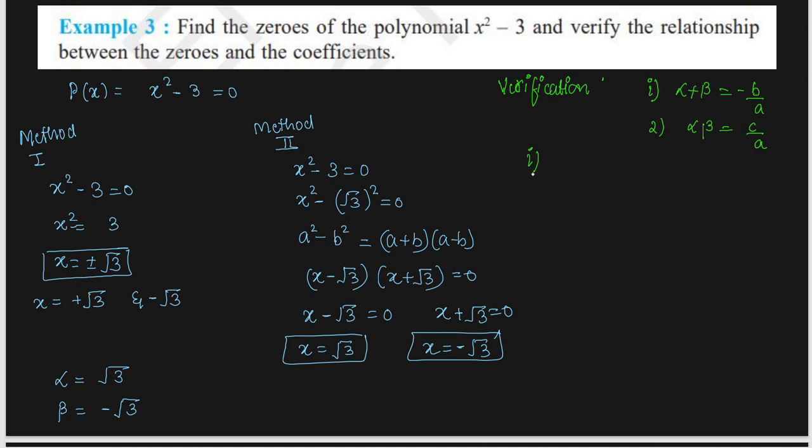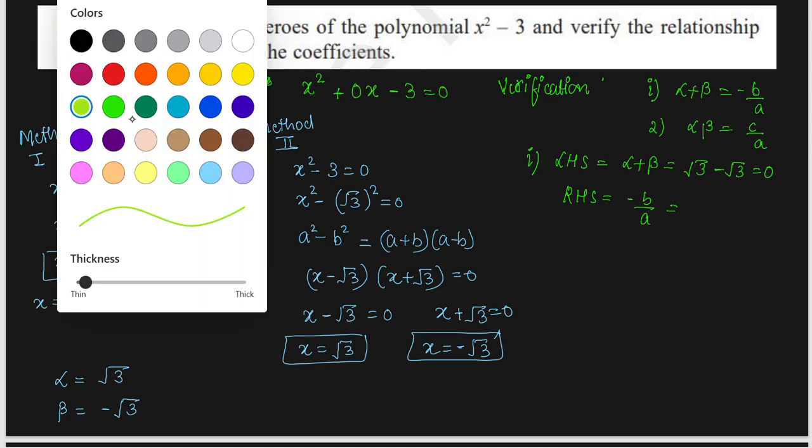Start with the first part. Left hand side is alpha plus beta, which is root 3 minus root 3, which is 0. Now the right hand side, which is minus b over a. Again, here is a trick part. If you just expand this, I'll write it as x square plus 0x minus 3 is equals to 0.